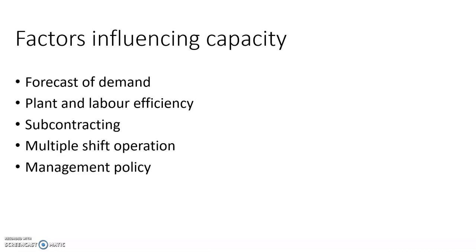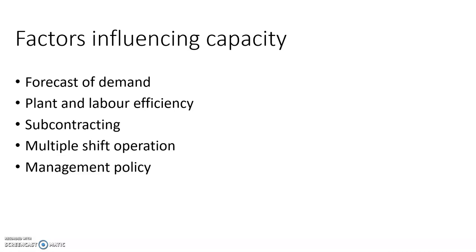Fourth, multiple shift operation. Multiple shifts are going to enhance the firm's capacity utilization, but especially in the third shift, the rejection rate is higher. So it is highly recommended to have multiple shifts if demands are high.